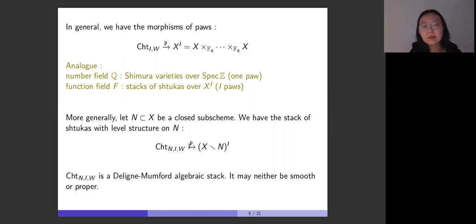You always have the morphism of poles. The stacks of shtukas are always Deligne-Mumford algebraic stacks, but in general they are not smooth and they are not proper either. We will consider the relative cohomology of some sheaf on shtukas, pushed forward to the I-th power of the curve.